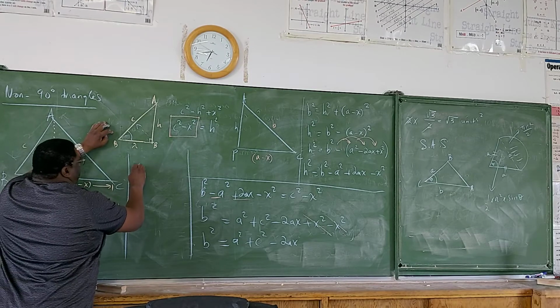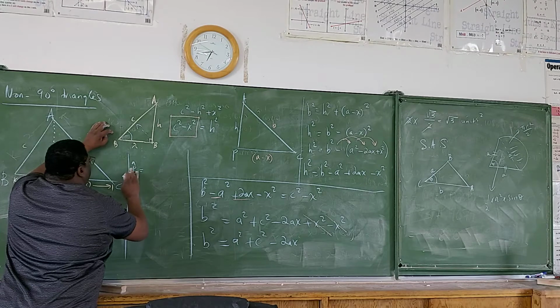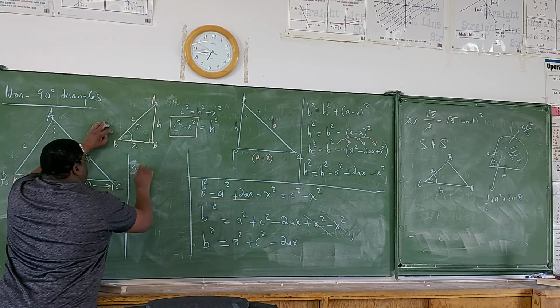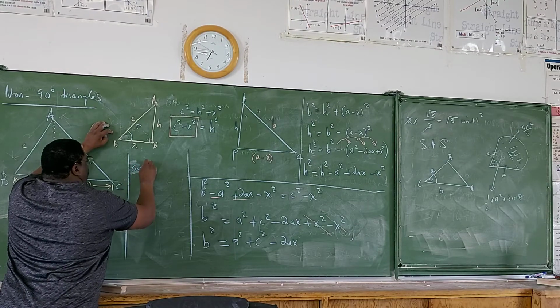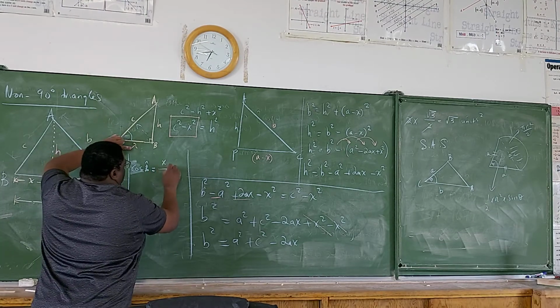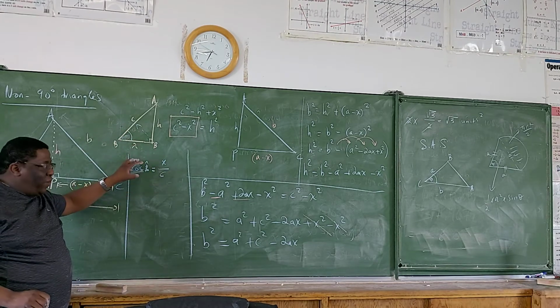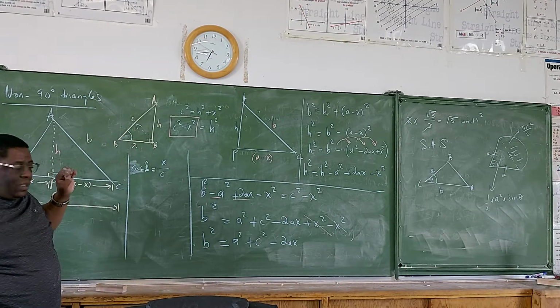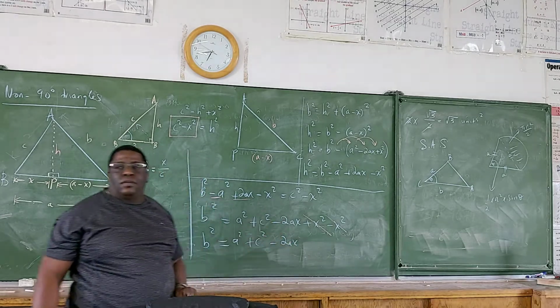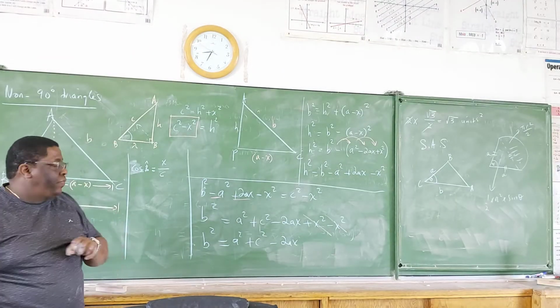Angle B is equal to, let's say, the cos of angle B is equal to the x value over what? C. I want to make x the subject of the formula so that I can take that x and substitute it here, to complete my formula for the cosine rule.